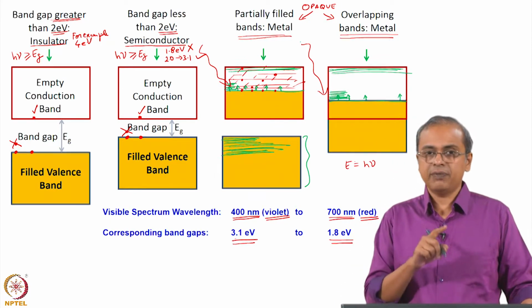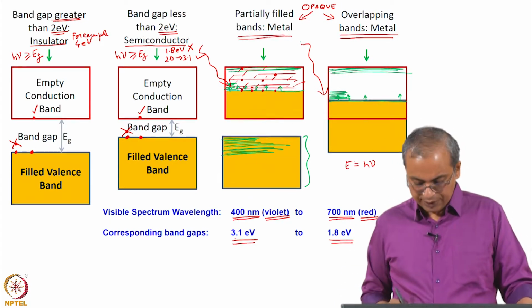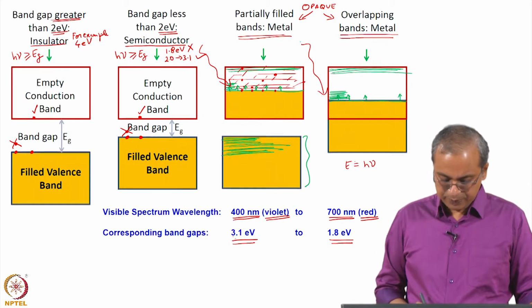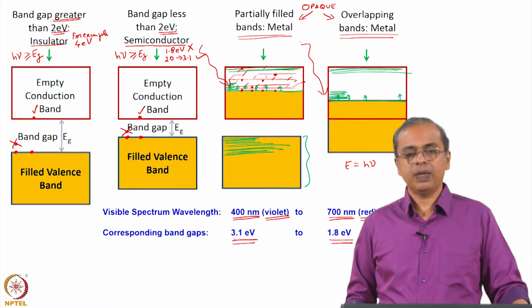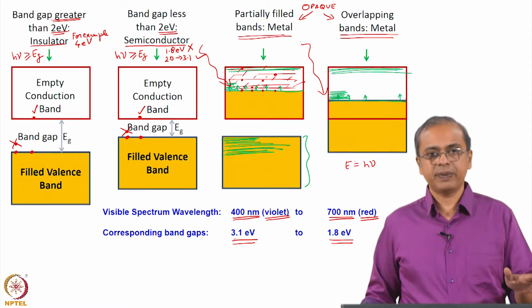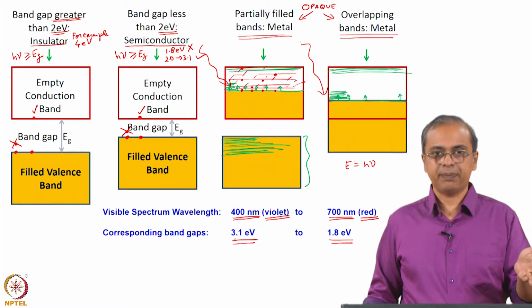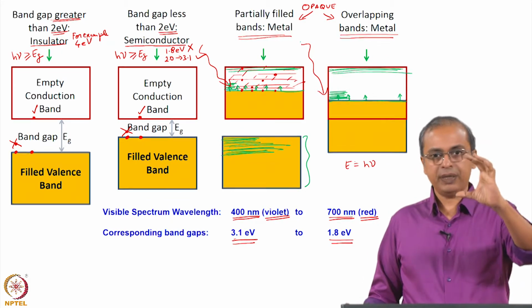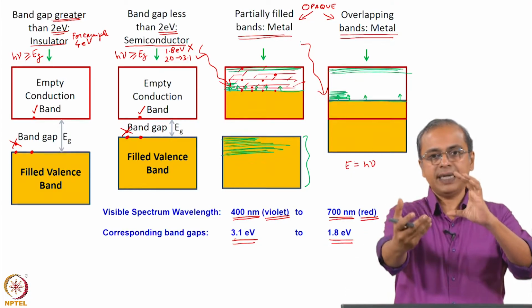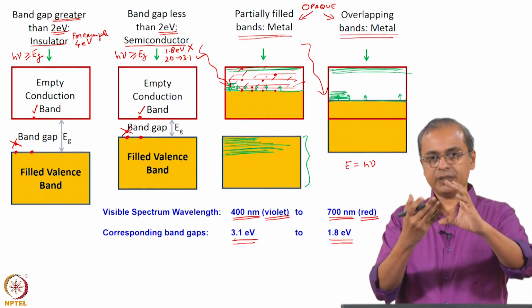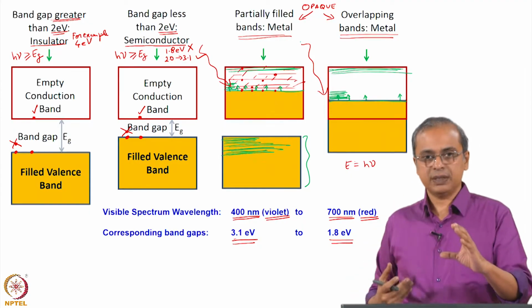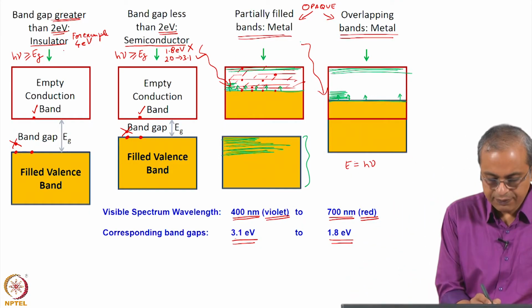If you take an insulator which has a band gap of 4 electron volts and you now look at the visible spectrum's interaction with it, then the entire visible spectrum from 3.1 electron volt to 1.8 electron volt will not interact with this sample. Okay. So, if you keep it in front of you and you have light shining from the other side trying to go through the sample and reach you, all of the visible light will go through this sample. So, all of visible light will go through.